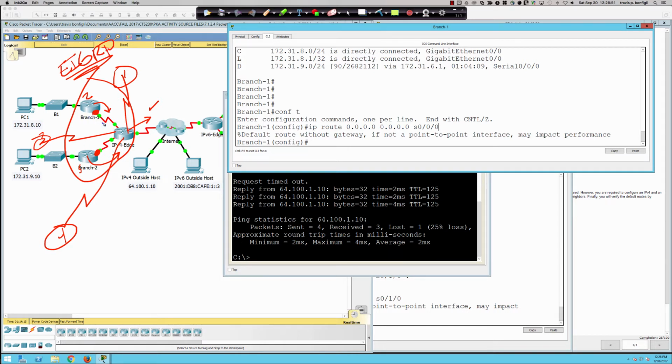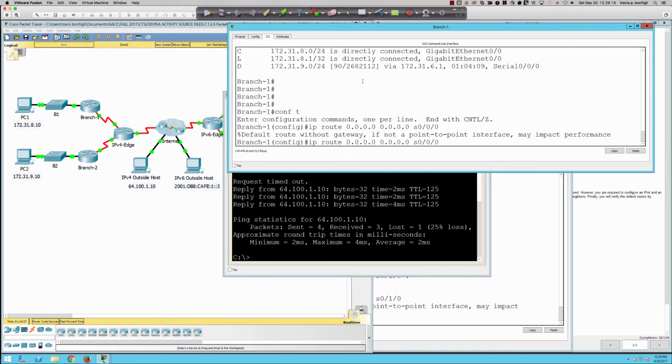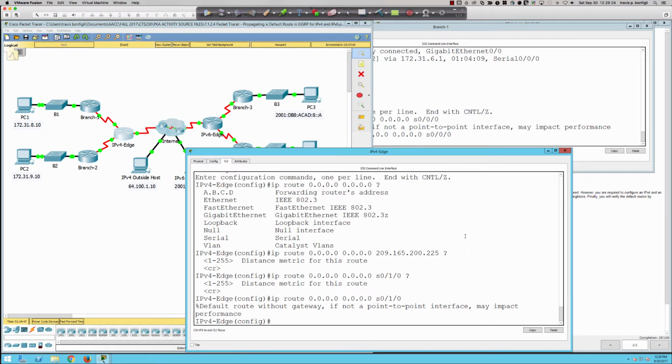Do you want to have to go to all of these routers and put in all of the routing information for all of the different subnets that they're supposed to be able to reach? And the answer is no, right? We're running a dynamic routing protocol, which means that we can dynamically propagate and advertise routing information into the EIGRP routing domain. So let's pull this statement off here because we don't need that, right? We're going to leverage the dynamic routing protocol EIGRP off of the IPv4 edge router to make this happen.